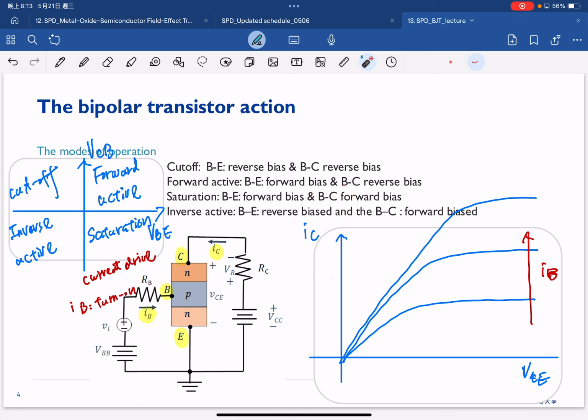That's the basic idea for the IV characteristic of the BJT.